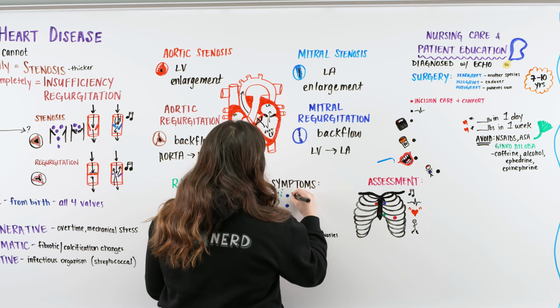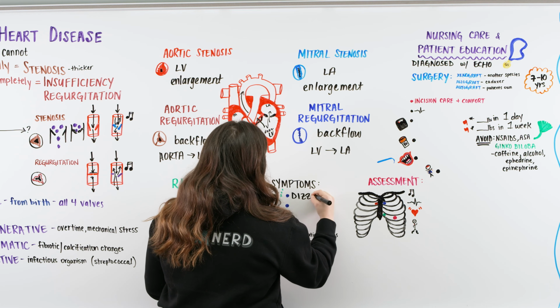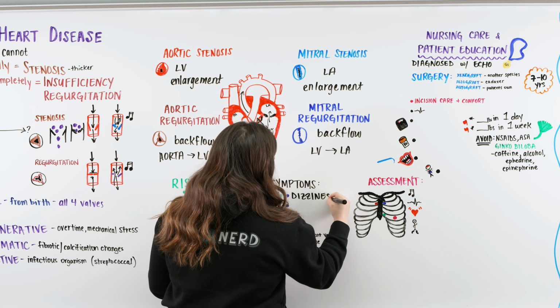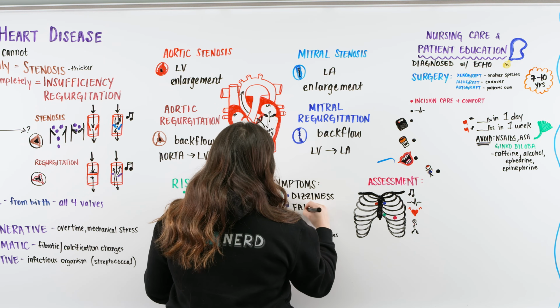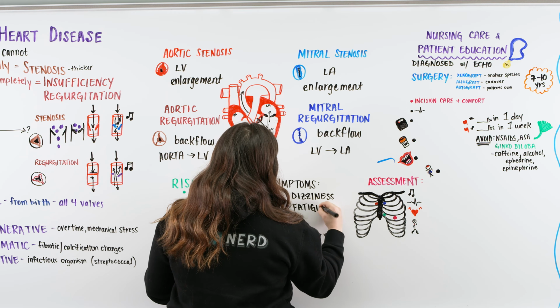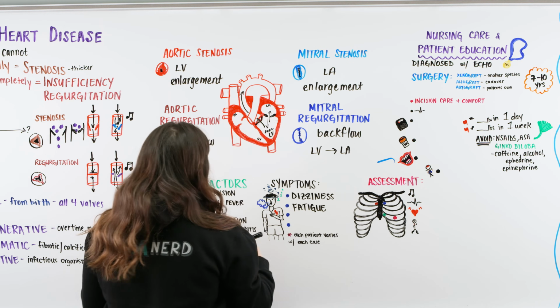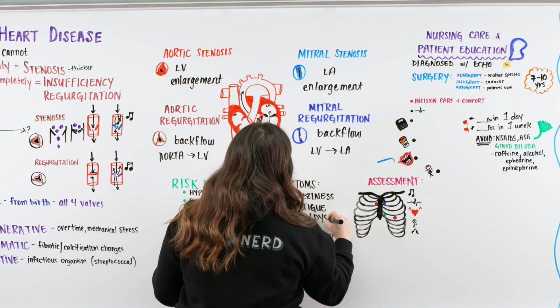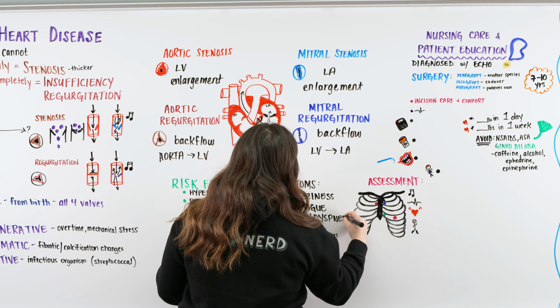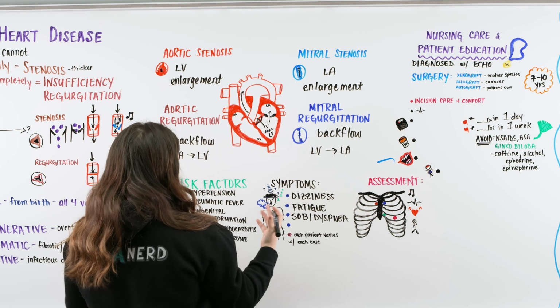They could be complaining about dizziness. They could be complaining of fatigue. They could be complaining about being short of breath or just having some dyspnea. Difficulty sometimes, but not always. I can't really pinpoint it.